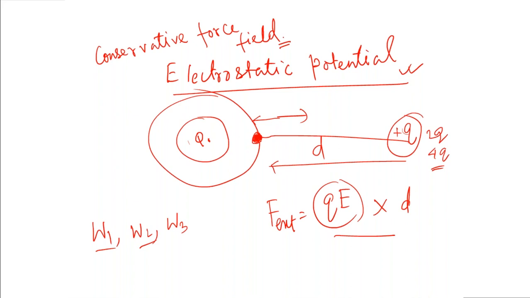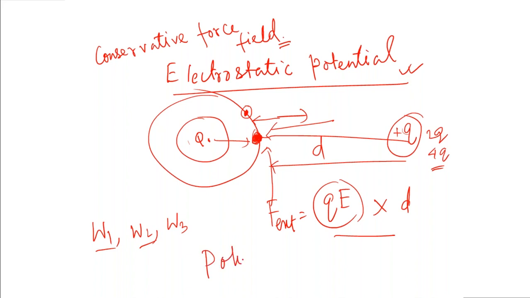But I want to define a term which will be a unique quantity. Whatever charge you bring, at a particular position, that quantity will be invariant. It will not vary, however you come. If you come from this side, it doesn't vary. This point will have a constant value of that physical parameter that we have defined as potential.